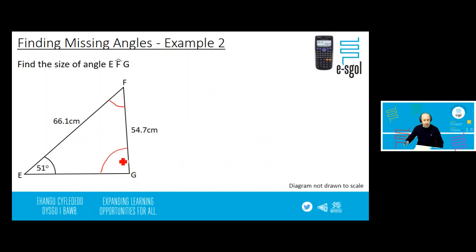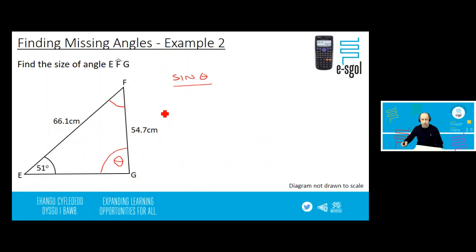So I'm going to find this angle. I'm going to call it theta. I always think theta looks like a little Easter egg. I don't know why. So theta is a symbol we often use to find missing angles. So I'm going to find angle theta. So my workings are going to look like sine theta, divided by the side that's opposite.